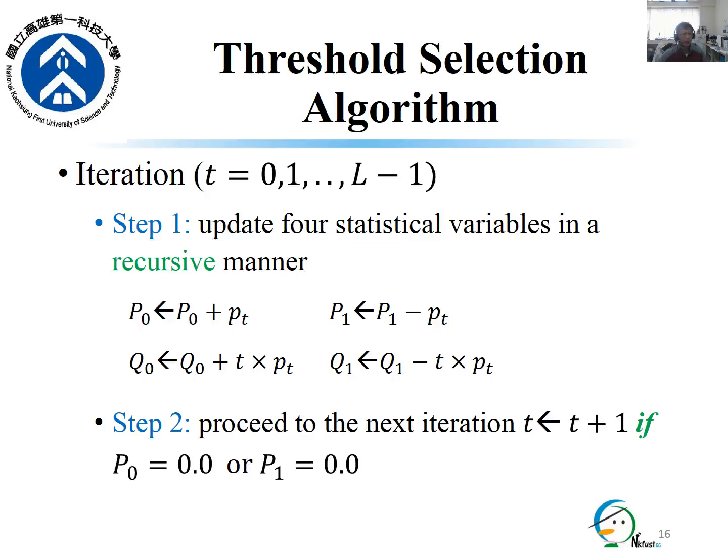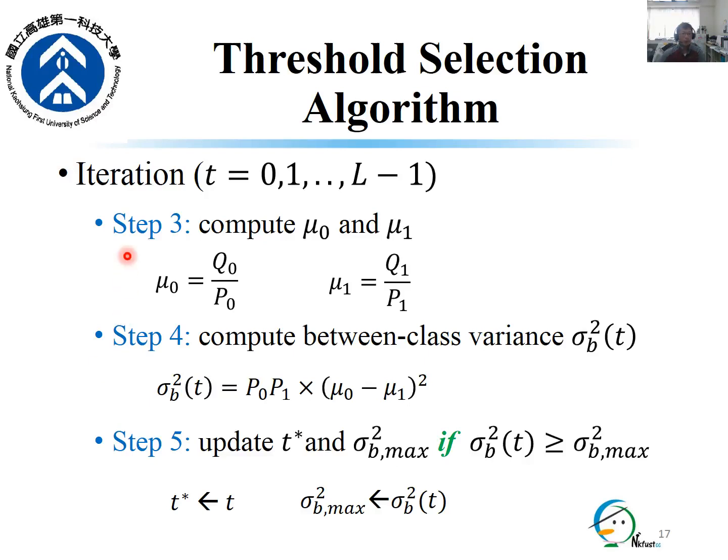Accordingly, at step 1, we add little pt to P0 but subtract pt from P1, and similarly for Q0 and Q1. At step 2, we check P0 and P1. If P0 or P1 is 0, we proceed to the next iteration immediately.